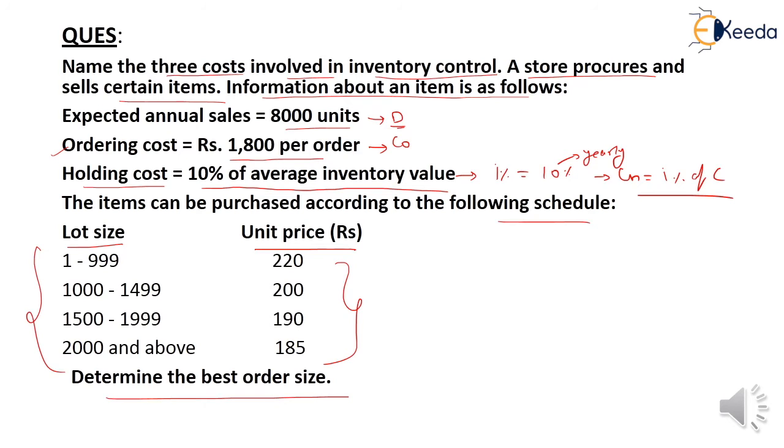So in the previous session we discussed the economic order quantity with the price break model. In the EOQ price break model, first of all write the given data. What is the given data? The annual demand capital D is given as 8,000 units per year, ordering cost is given as 1800 rupees per order, I is given as 10%, and lot size and unit price are given.